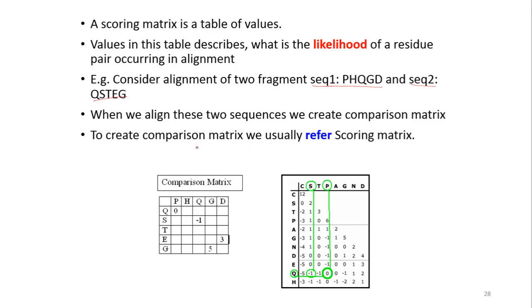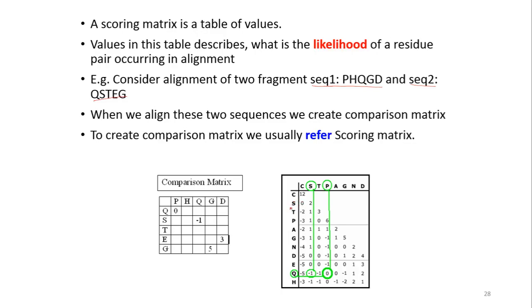Okay, so you would first create a comparison matrix out of these two protein sequences that you are interested in aligning. Now, in order to fill up this comparison matrix, you would refer to some standard scoring matrix.